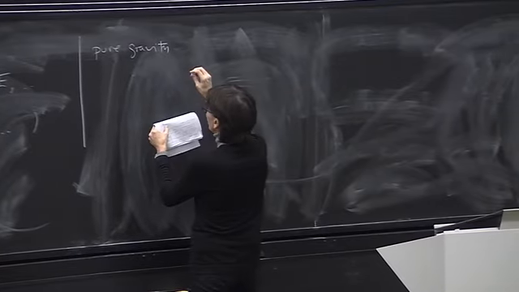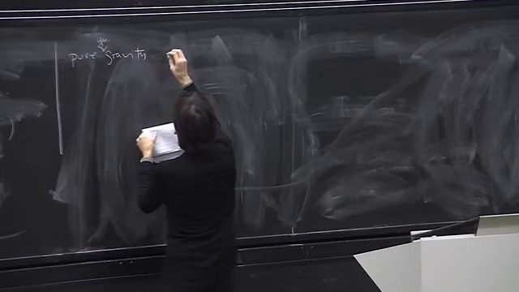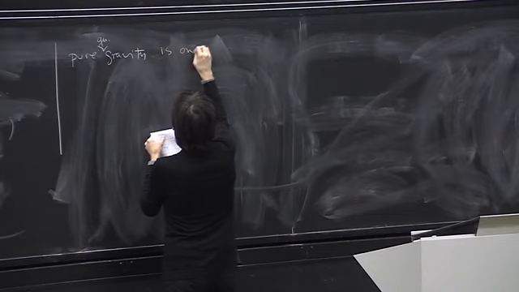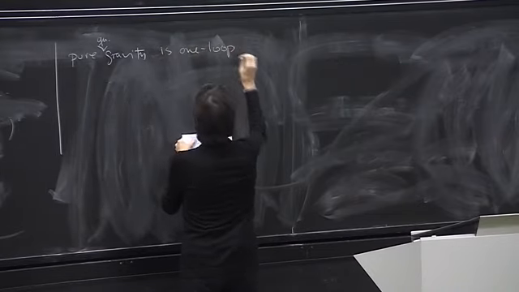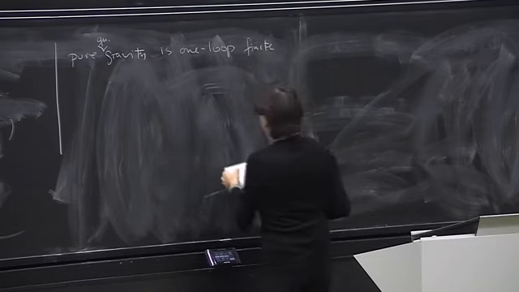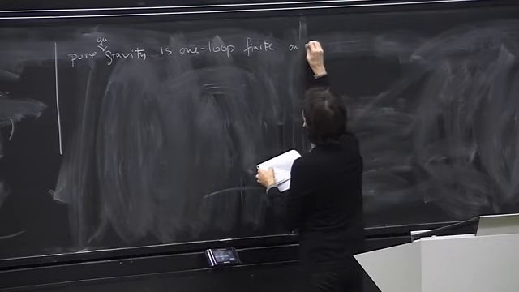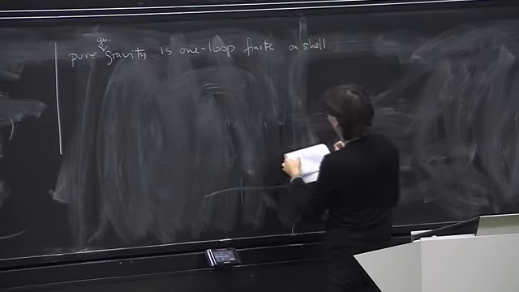So pure gravity, or perturbative quantum gravity, is one loop finite on shell, taking into account equations of motion, that is.